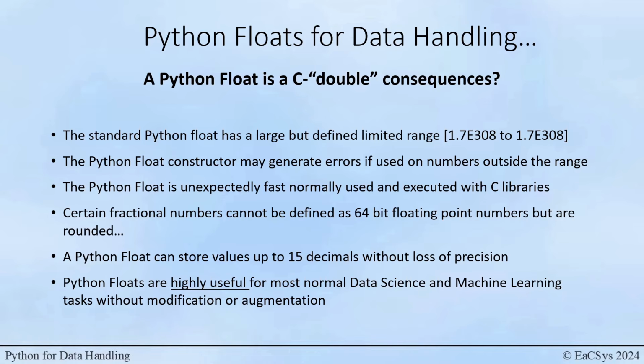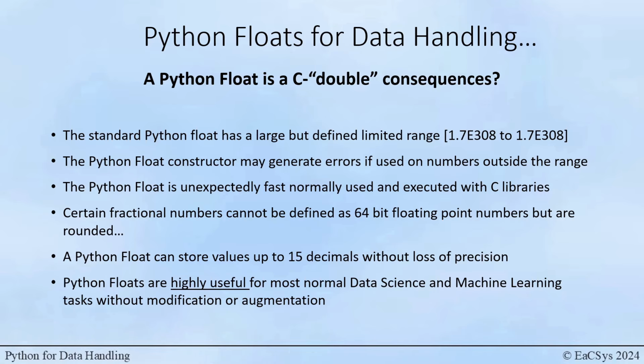Three other implications are that certain fractional numbers cannot be defined as floating point numbers, but are rounded to the closest creatable floating point number, and that a Python float can store values up to 15 decimals without any loss of precision.